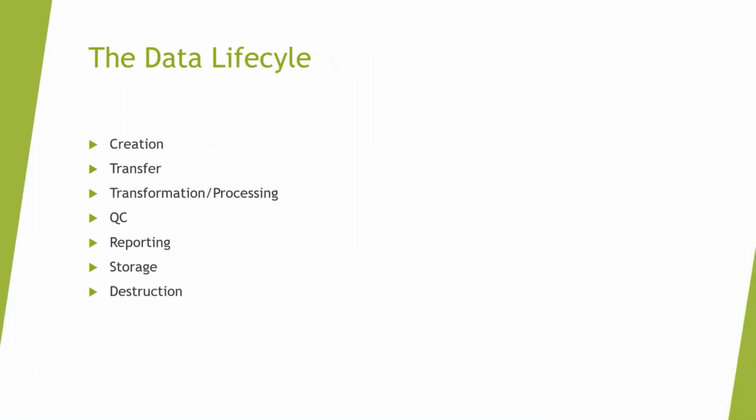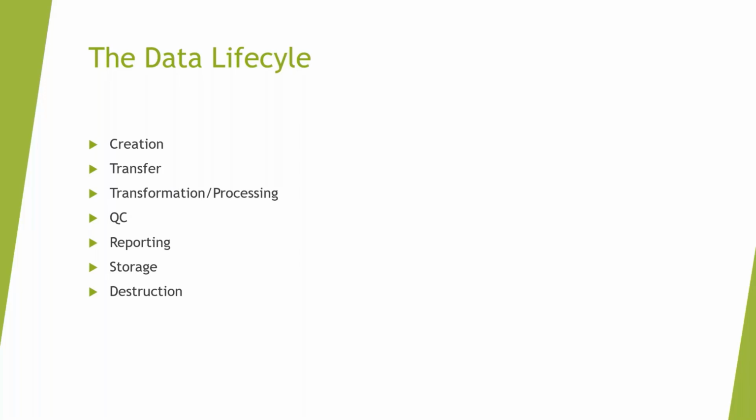Now, we refer to the life cycle of that data because the integrity of the data must be maintained throughout its life cycle. And simply put, it's everything from when you generate a piece of data right through to destroying it.